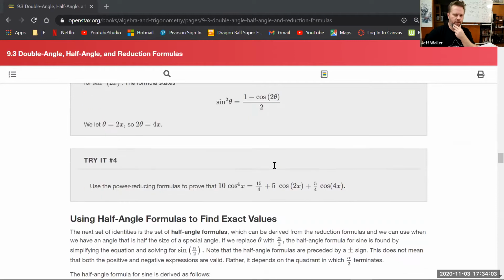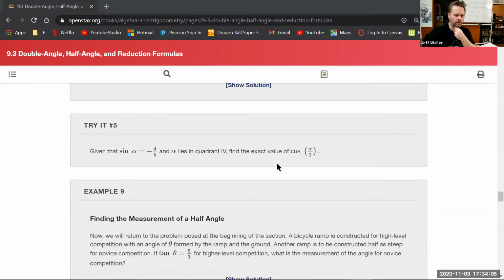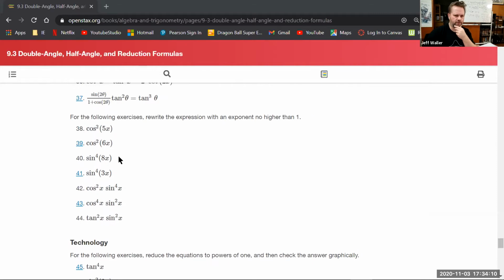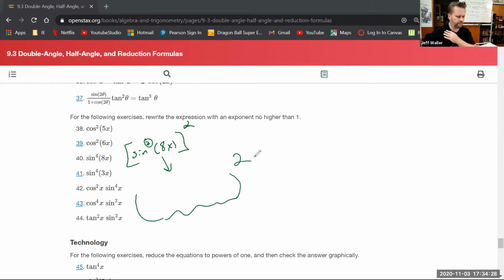Okay. So if you have a sine to the fourth, you have to write that. For example, if I had to do number 40, you would have to write that as sine squared of 8x, squared. Then you apply the power reducing formula to the inside, and then you have to square that.